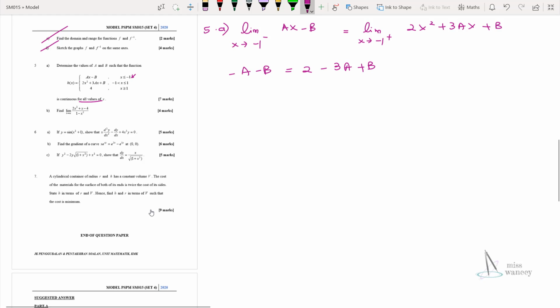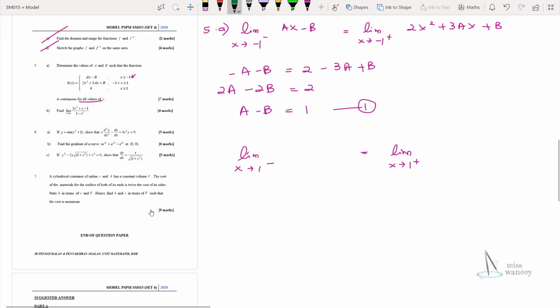So I'm going to bring everything to the left. So this is -a plus 3a, so 2a, -b, -b, -2b, and this is equal to 2. So a minus b will be equal to 1. So that is my first equation. Another one, so it's supposed to be continuous everywhere as well. So x approaching 1 on the left should be equal to the limit as x approaching 1 on the right.